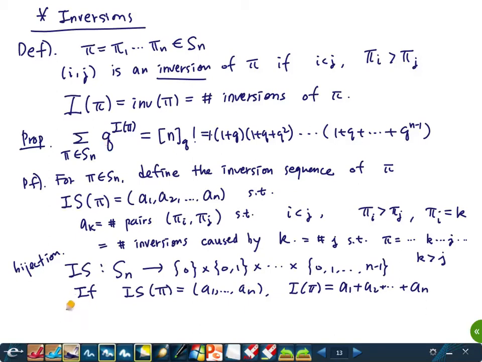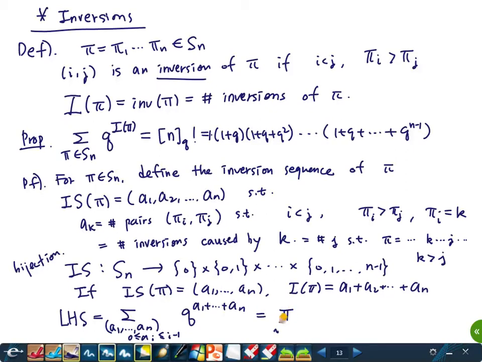So the left-hand side here is equal to, now instead of pi, we can use the inversion table a1 dot dot dot an, where a_i is greater than or equal to 0 and at most i minus 1, and q to the inversion is replaced by this. But now you can notice that these are independent of each other. a_i can be selected just as you wish without considering the other a_j's.